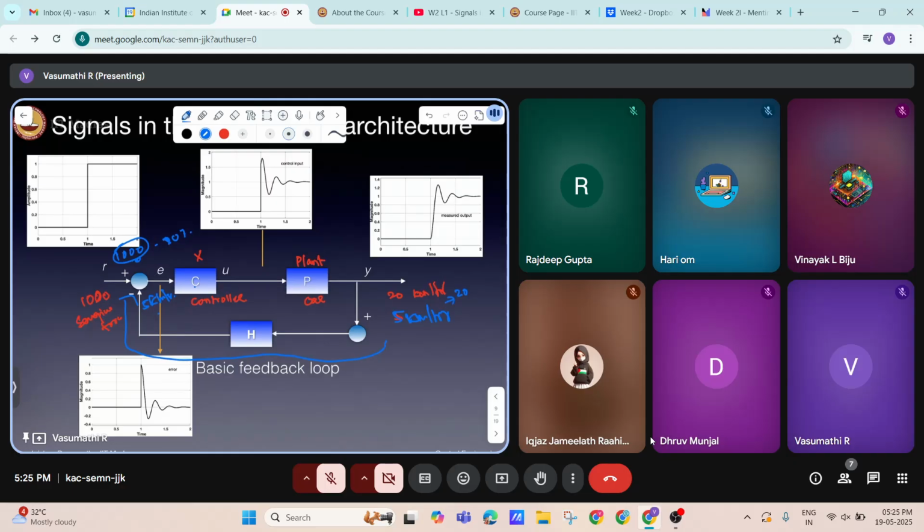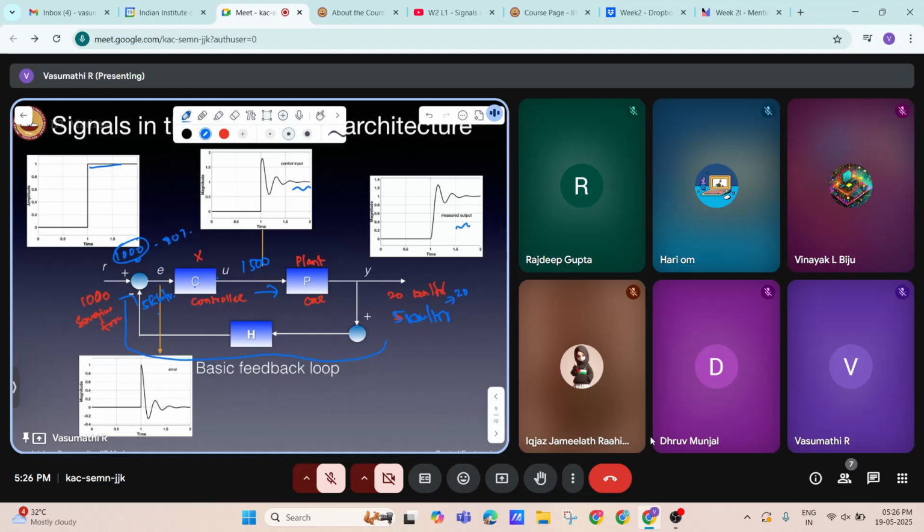That deviation, that control action, the controller will give back to the plant, so the input will change to, let's say, 2500. Here you can see this is the ideal input I am giving, but this is the control input.